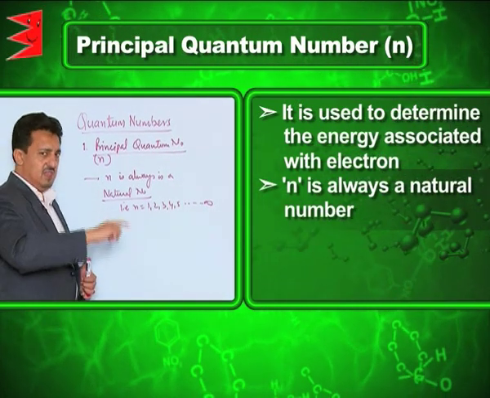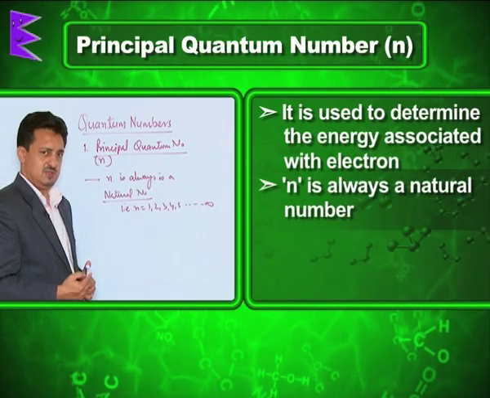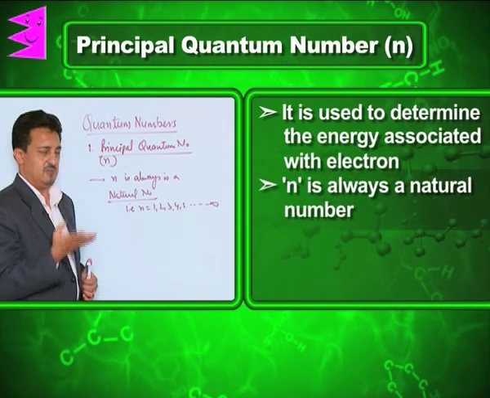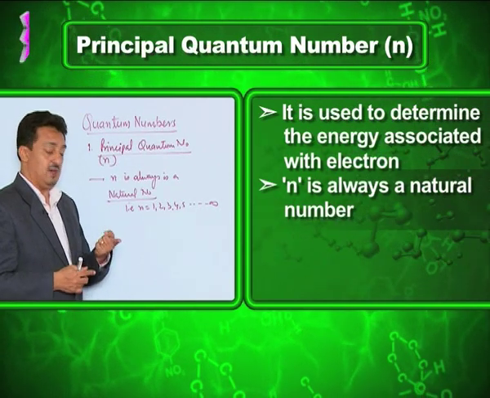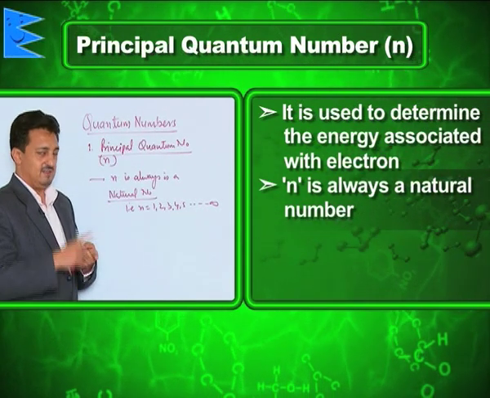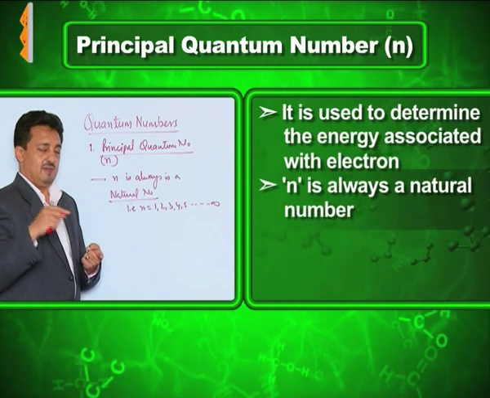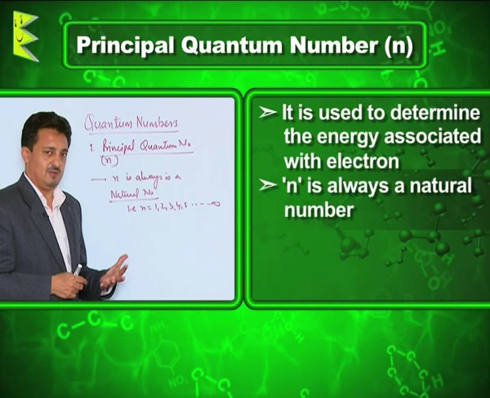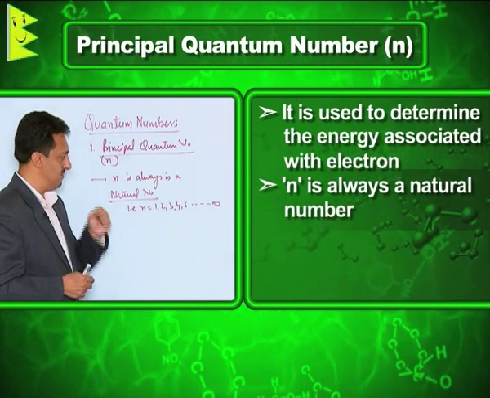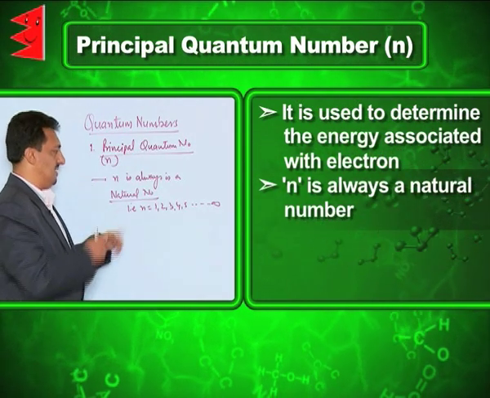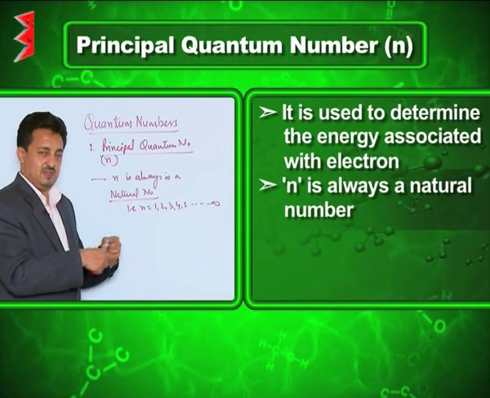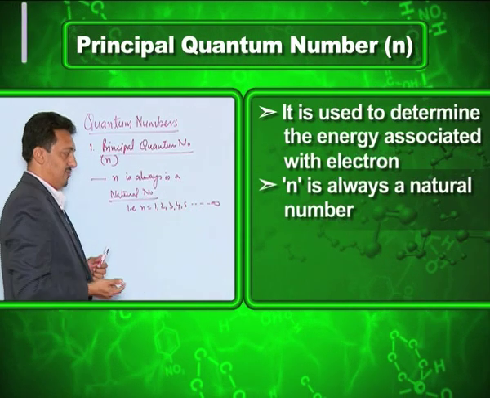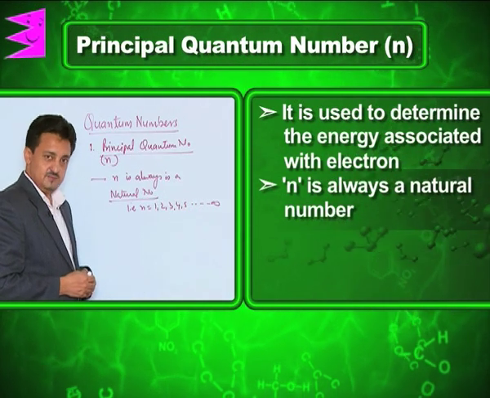So we can have n number of orbits around the nucleus, but we knew the electrons will exist only in those orbits, as per the Bohr model, in which the electron's energy is quantized and is equal to -1312 Z squared over n squared kJ/mol, and its angular momentum is an integral multiple of h over 2π. That one we knew already. But there are n possible values around the nucleus, and therefore it is always a natural number from 1 to infinity.